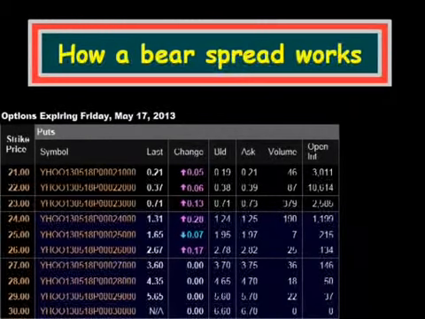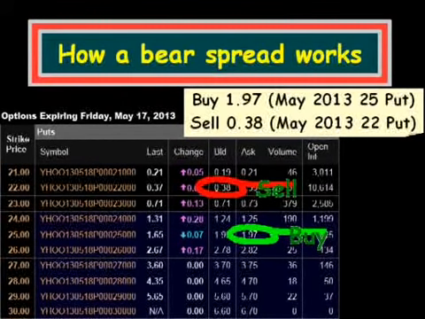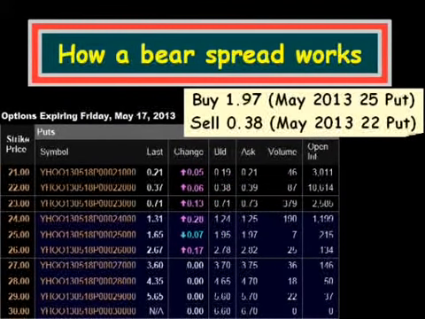We could, for example, buy a 25 put for $197, because we have to pay the ask when we buy, and we're going to sell another put, and we're selling at the bid, so we're selling a May 2013 22 put at 38 cents. So we've got a buy and a sell transaction here, and we're going to try to make money off the spread.